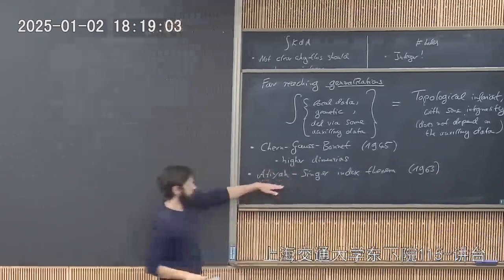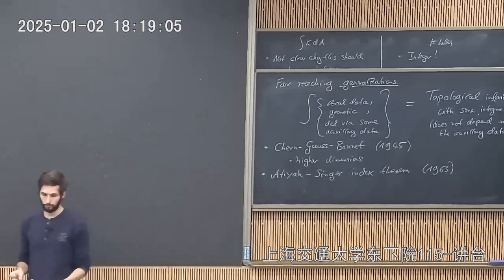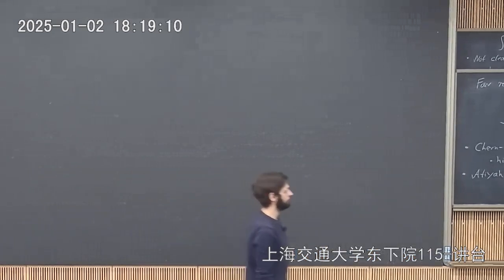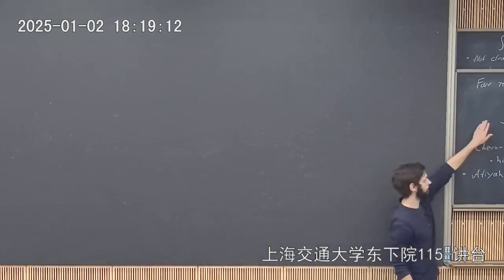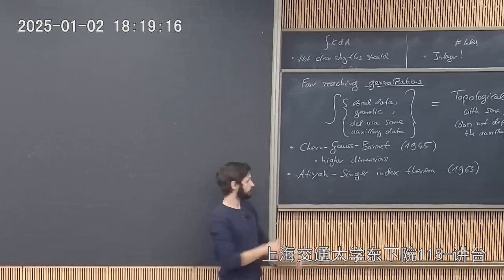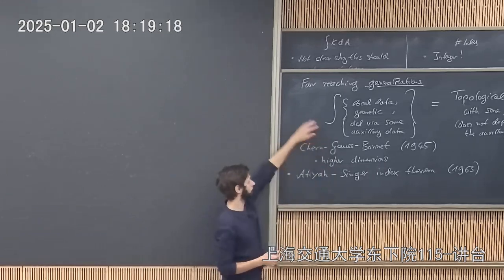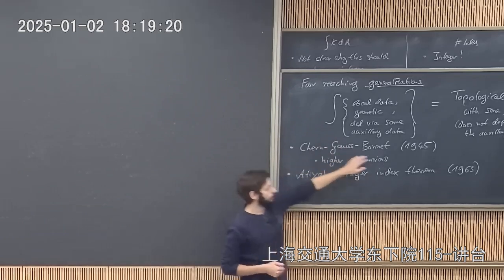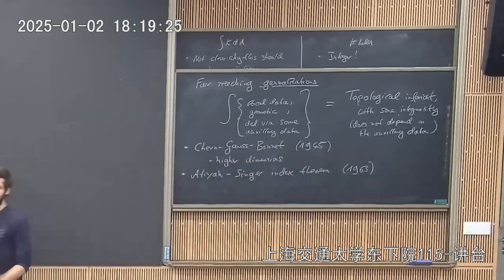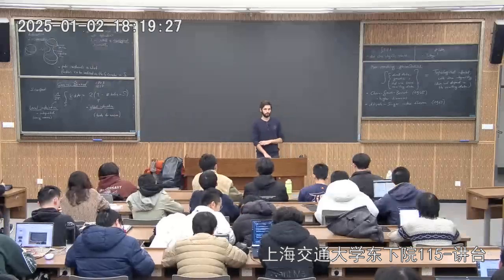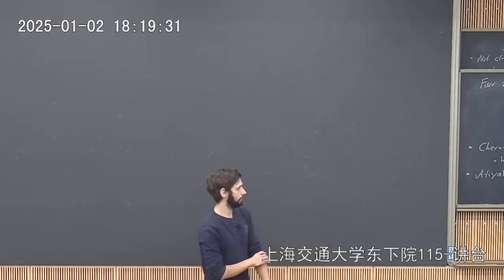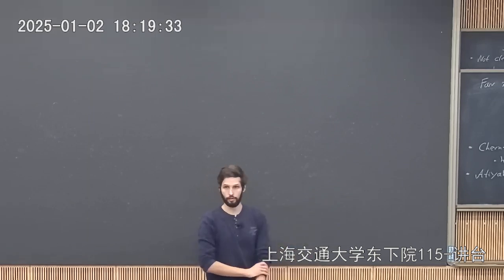And that's a very, very far-reaching generalization. In that case, you have something on the left-hand side which is given as some kind of operator in some Hilbert spaces, and it's a pretty complicated object. And then on the right-hand side, you get something that is called an A-hat genus. That's some topological invariant that you can ascribe to your object. And then Atiyah and Singer showed that these two things are actually the same.